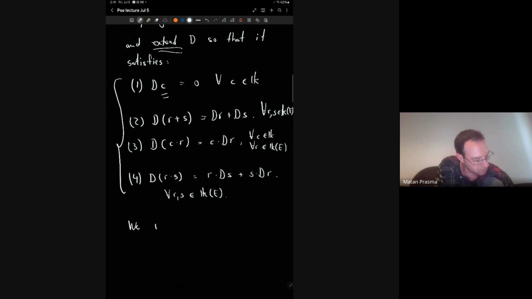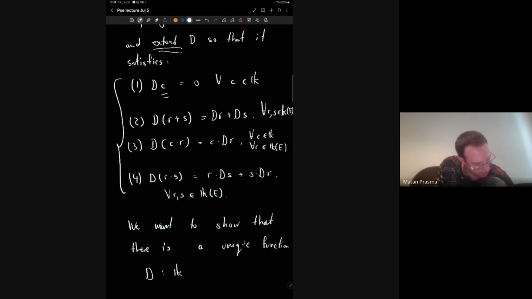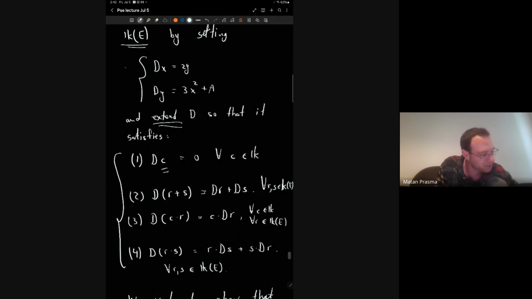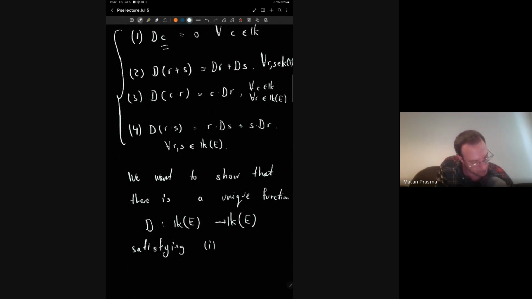We want to show that there is a unique function D from K(E) to K(E) satisfying the anchor conditions plus properties 1 up to 4.